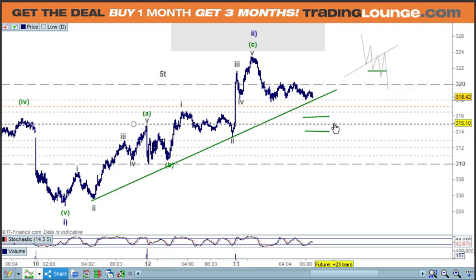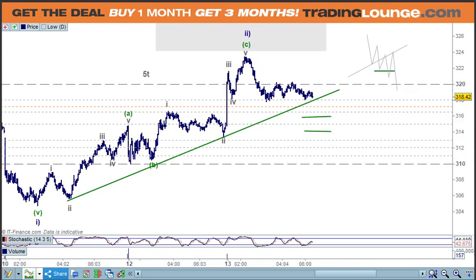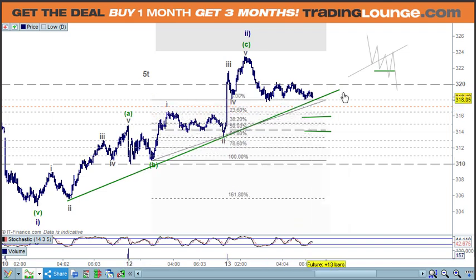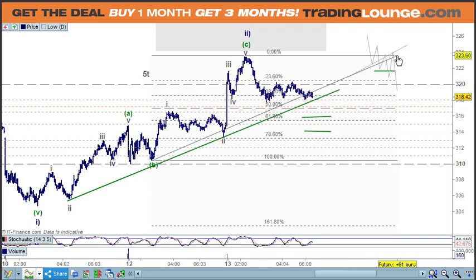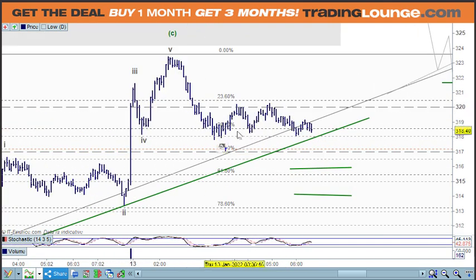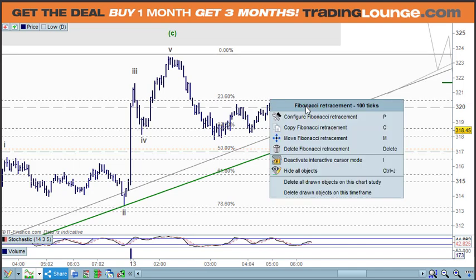Looking at both sides of the coin, we need to take from this low here, the wave C of B, and move this up to here. We can see that we're already at the 38.2% retracement level through here. So if it drops down below group 2 here, then you know that it's leaving that number. So that's good.